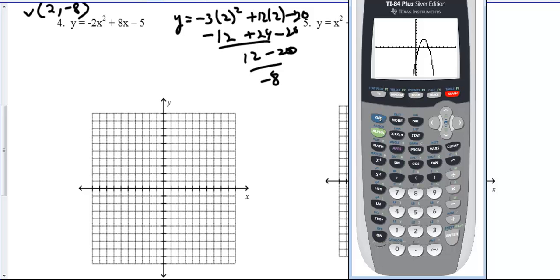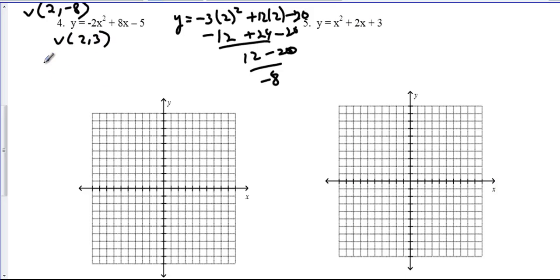So I'm going to go ahead and second trace. I'm going to calculate the max. And I'm going to go clearly to the left, hit enter. I'm going to go clearly to the right and hit enter. Don't worry about the guess. We end up with 2, 3 as my vertex.